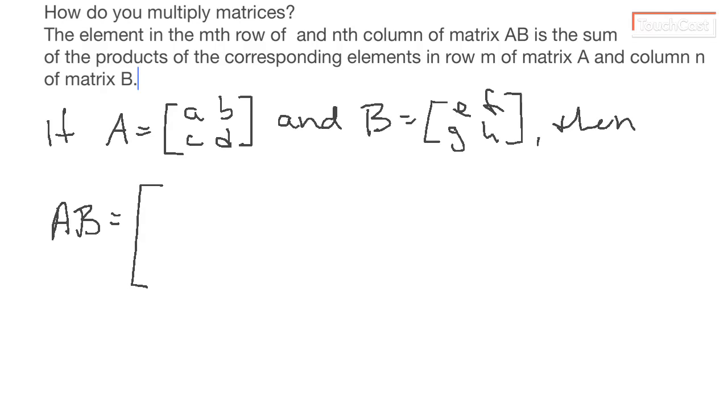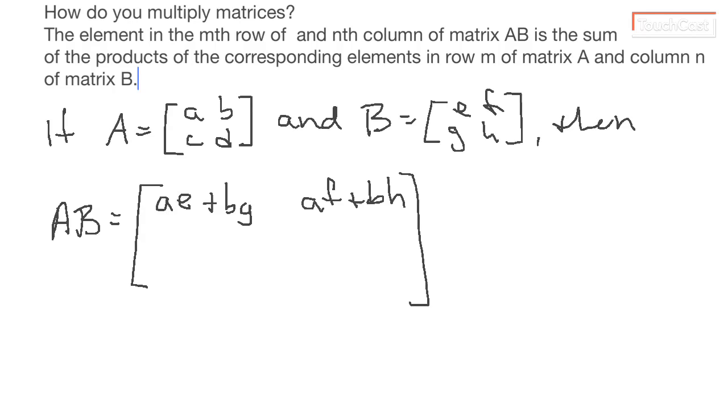We're going to go A times E plus B times G to get that first element in that first row. And the second element in that first row is going to be A times F plus B times H.